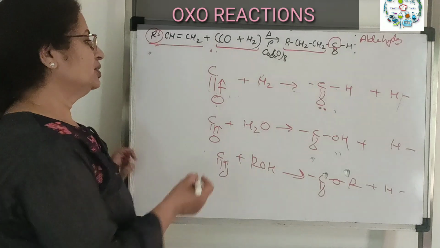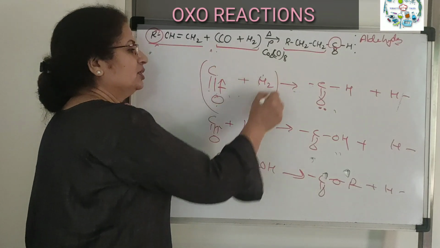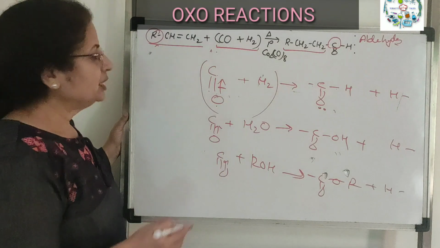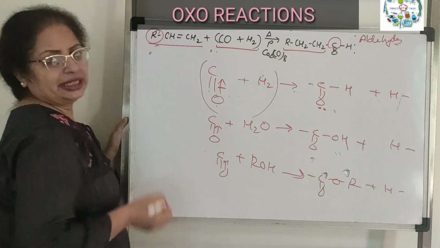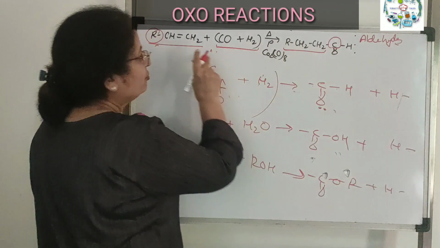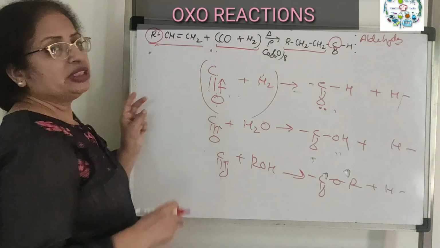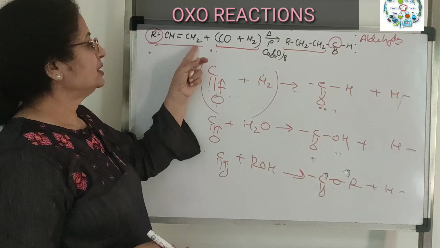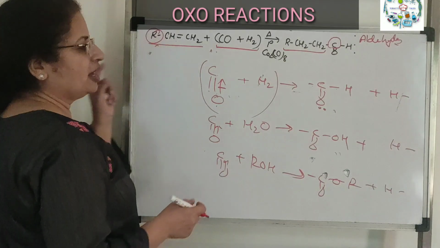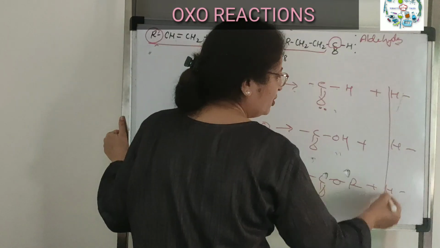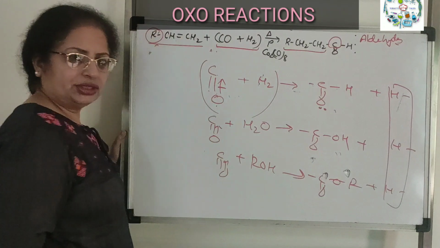So ultimately, when in a reaction CO plus H2 is written, it means on terminal alkene, what will happen? On one carbon, which is not terminal but next to terminal, there will always be addition of one hydrogen.